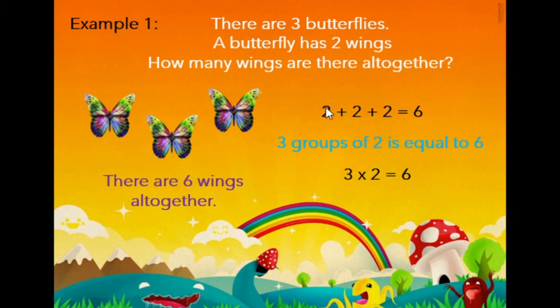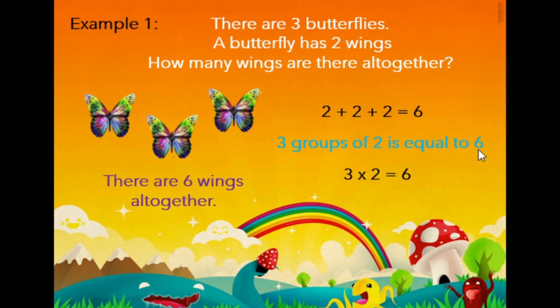So we make 2 plus 2 plus 2 equals 6. That simply means there are 3 groups of 2, and that is equal to 6.